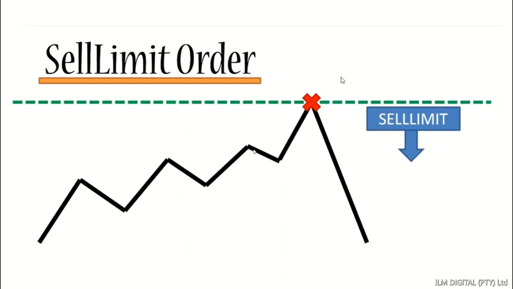Also, when you know you're not going to be in the market, or you're afraid that you might miss that opportunity, you just execute a pending order, a sell limit or buy limit, whatever type of pending order you want, and you leave it be. When the market hits that certain area while you're not at the chart, that order will be automatically executed.